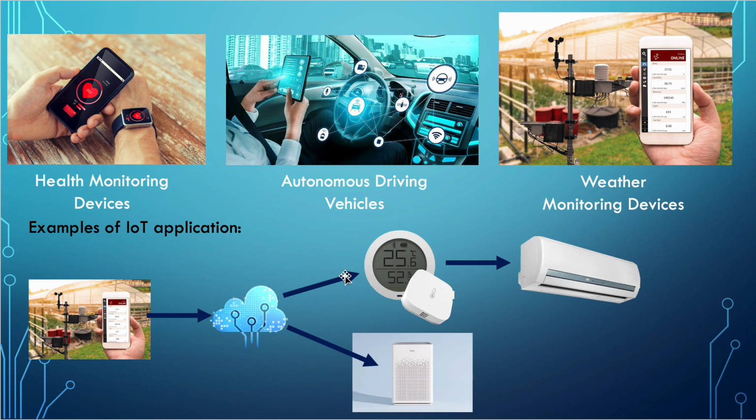Let's take examples. In Sri Lanka, when it rains, we all know the temperature goes down. Right? So when the temperature goes down, if the AC stays at the same level, people will feel uncomfortable. It will be too cold. So adjustments have to be made.